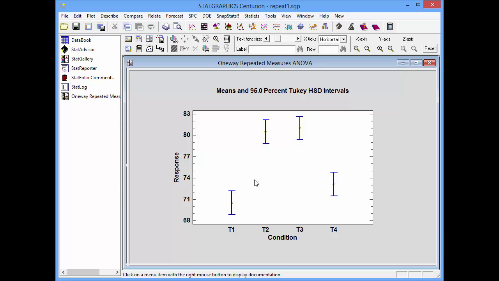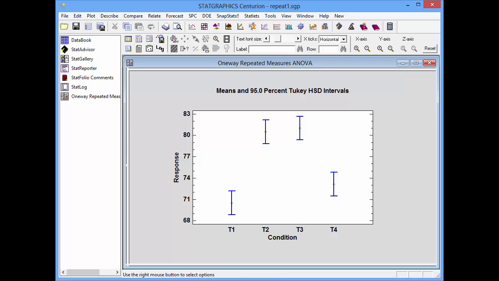That interval, however, overlaps time period 4. Consequently, time t1 is significantly different than time t2 and t3, but not significantly different than t4. Likewise, the mean heart rate at times t2 and t3 are also not significantly different at the 5% significance level.